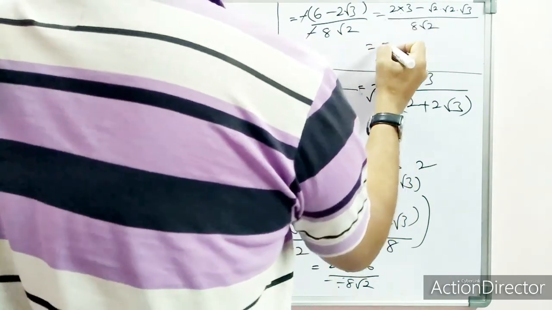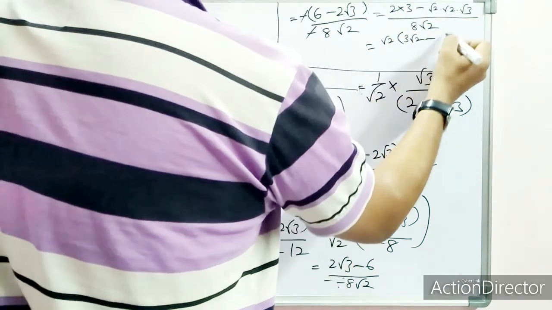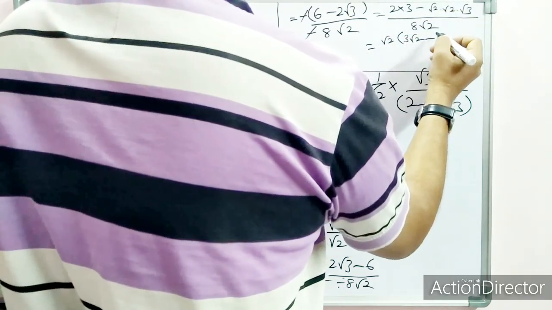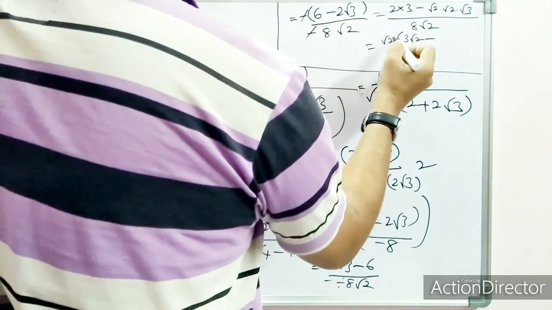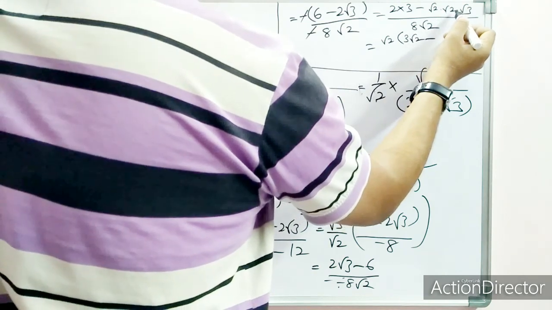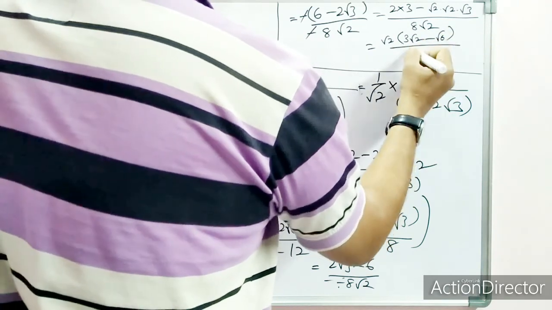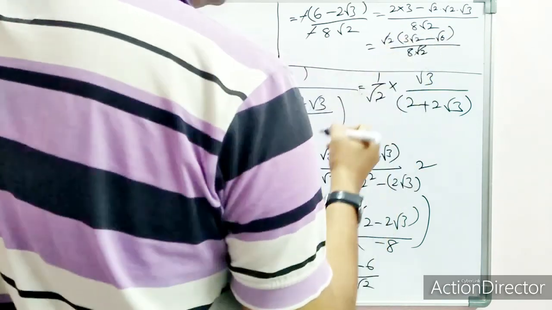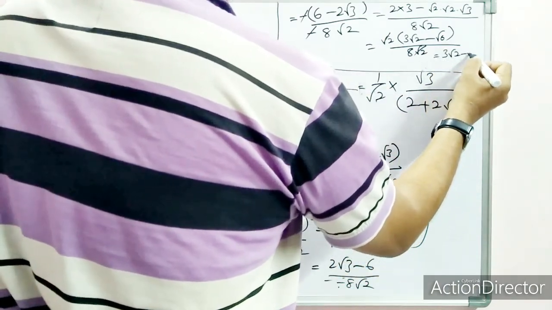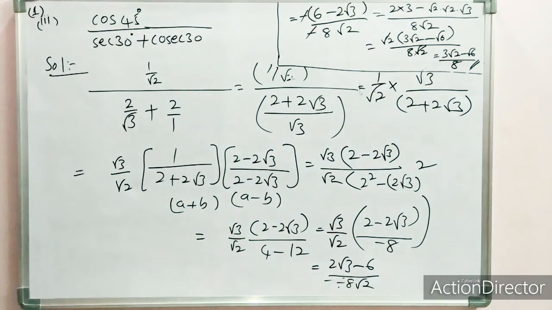One more step, here I can take root 2 common. The remaining will be 3 root 2 minus, here 6 is 3 into 2, and if I take root 2 common it will be root 6, the remaining by 8 root 2. Root 2 will be deleted. Now the answer will become 3 root 2 minus root 6 by 8. This will be the required answer.